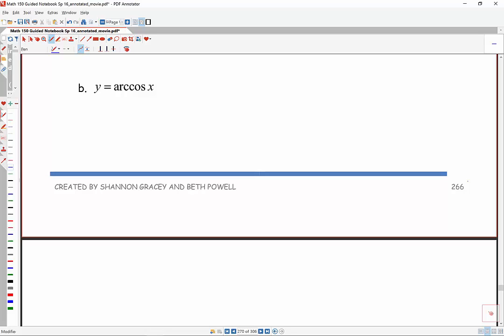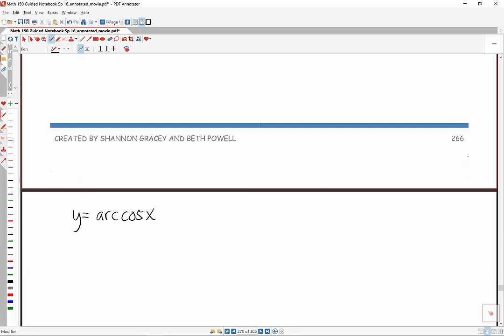All right. So good, we'll be making our triangle. I'm sorry these got off track. So we'll have our y equals arc cosine at x.